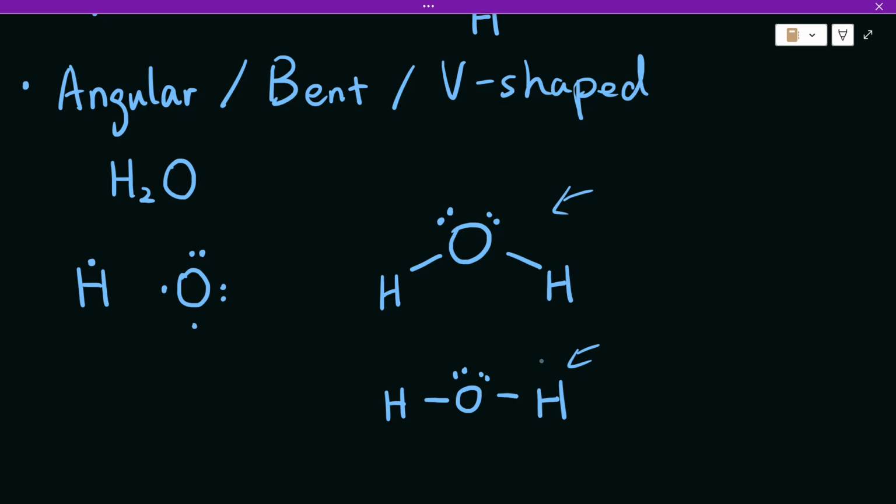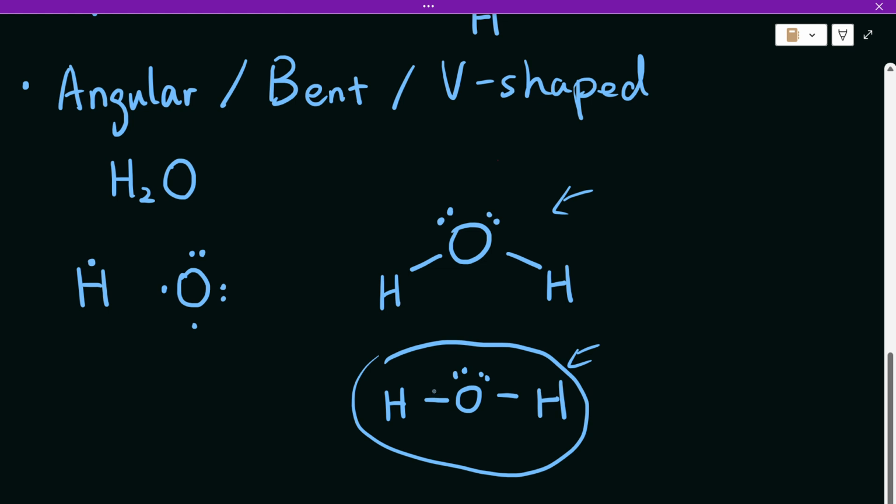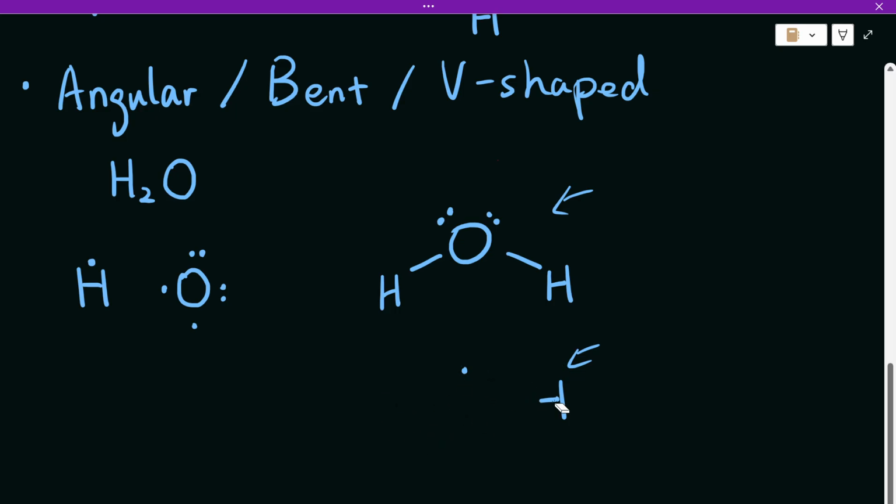So we can see that this structure would be more reasonable because the bonding electrons and the lone pairs all position around the central oxygen atom evenly to minimize the repulsion between one another. And we can see that in the other case, the electrons are too squeezed on the top side and fairly empty on the bottom, which is not reasonable.